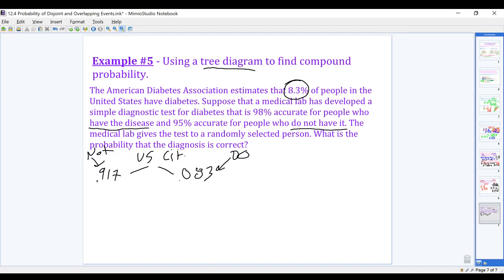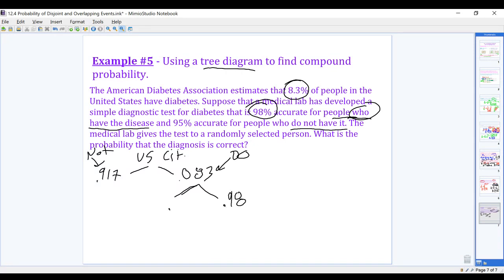So it also said that for people who have the disease, the success rate of the diagnostic is 98%. So we're following this column over here. 98% of people who have the disease will get tested correctly.